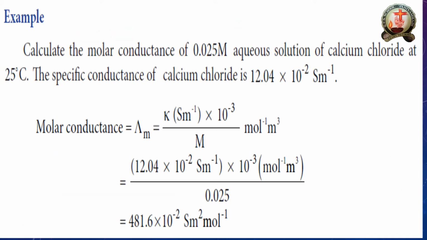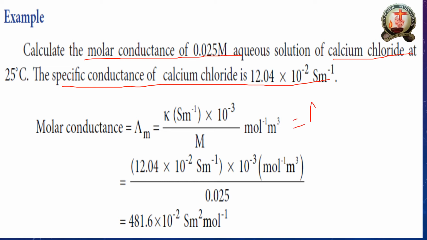A small calculation is there. Go through this video and you can understand it. Calculate the molar conductance. They are given a mole value, then the temperature, and calcium chloride as the electrolyte. The specific conductance of calcium chloride is also given.